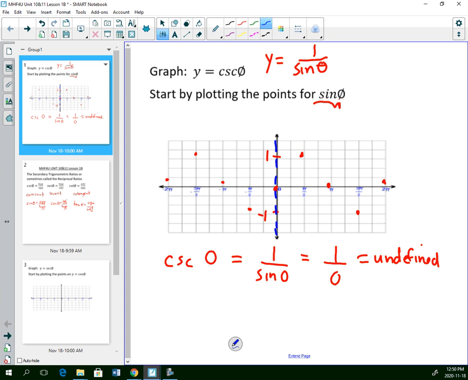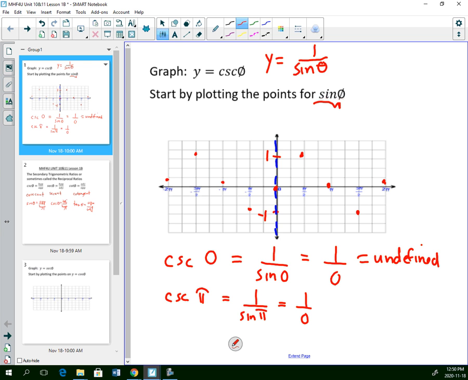Okay, thank you. All right, so at 0, we've got 1 divided by sine of 0, which is 1 divided by 0, which creates an undefined answer. And so we have a break in the graph, or a vertical asymptote. Okay, that would occur again at pi, because if I do 1 divided by sine of pi, well, sine of pi is 0.